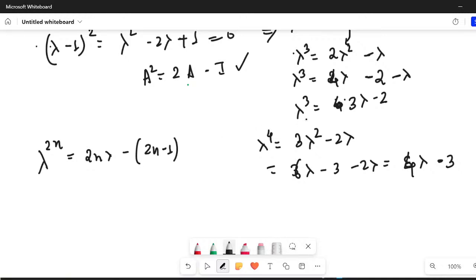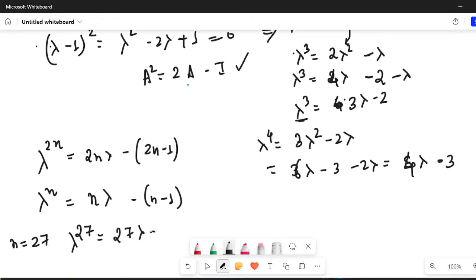Or in general, if I take n, I'm getting n lambda here and minus of n minus 1, right? So if I use n equal to 27, lambda raised to power 27 would be equal to 27 lambda minus 26, right? Or I can write that A raised to power 27 would be simply 27 times A minus 26 I.